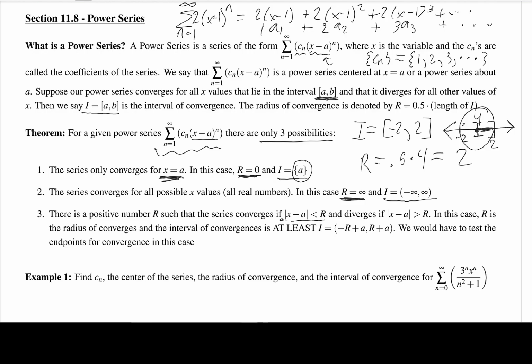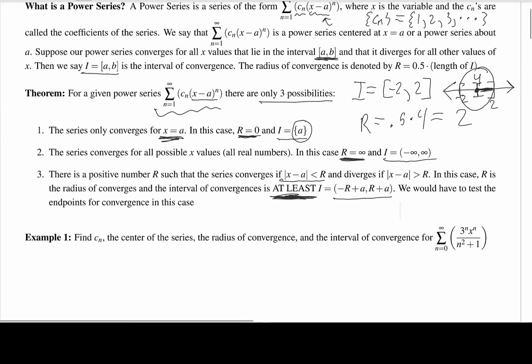Okay? In this case, we say that r is the radius of convergence, and the interval of convergence has to be at least negative r plus a to r plus a. The reason I'm saying at least here, and this is so important, is that this doesn't guarantee whether these endpoints converge. We would have to test the endpoints after this.